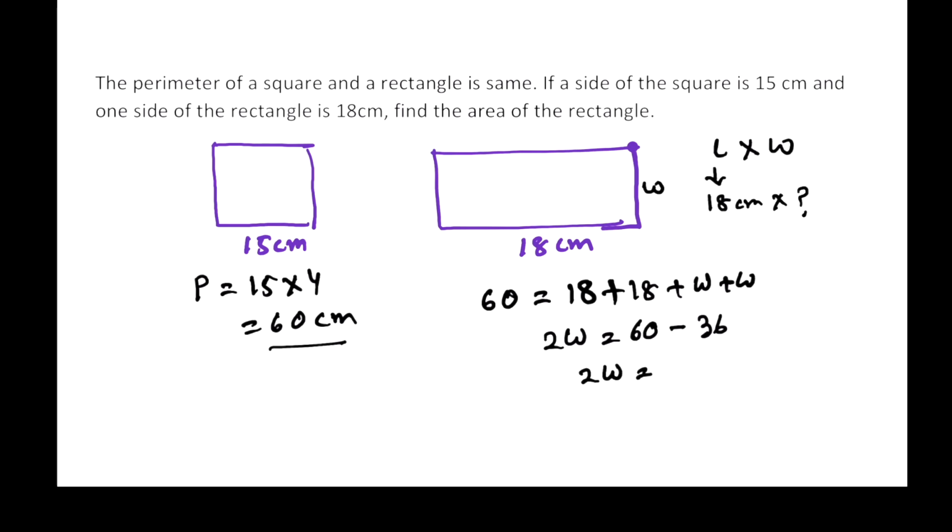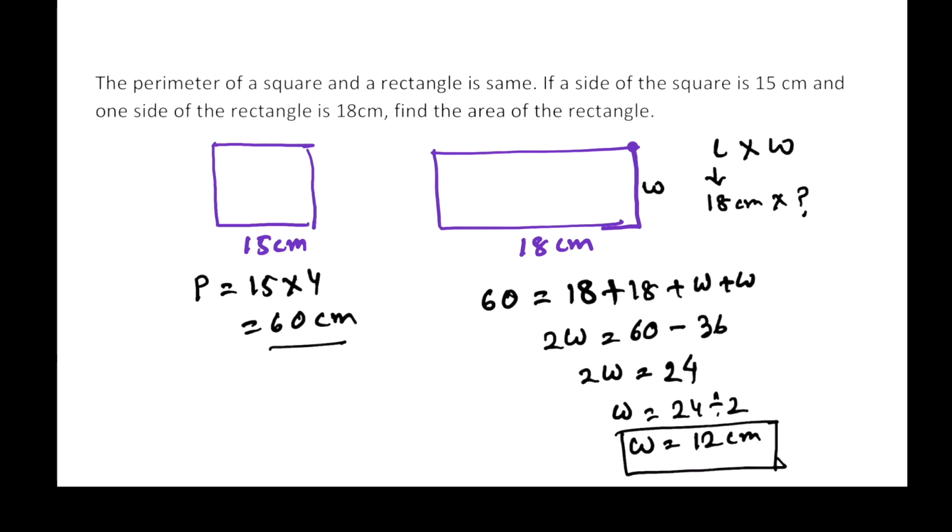So 2 width equals 60 minus 36, which is 24. So width will be 24 divided by 2, which is 12 centimeter. We really need to find this width in order to find the area.